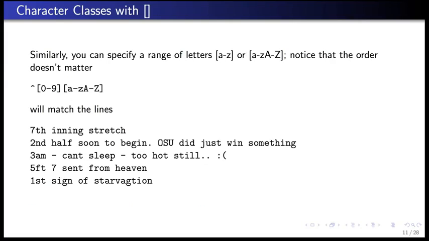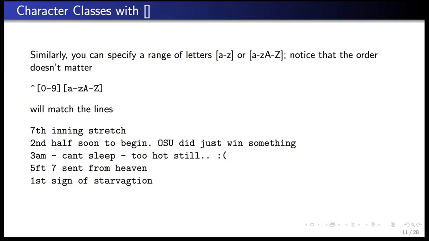You can also specify ranges of letters using the square bracket character class. For example, if you have a-z in the square brackets, that means you can match any letter between a and z, so any lowercase letter in the English alphabet. If you have capital A-Z, that means uppercase letters in the English alphabet. And if you have a-z lowercase and A-Z uppercase, then I can take any uppercase or any lowercase letter. The order here doesn't matter.